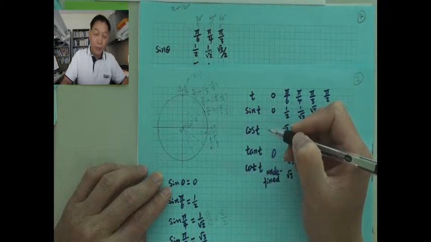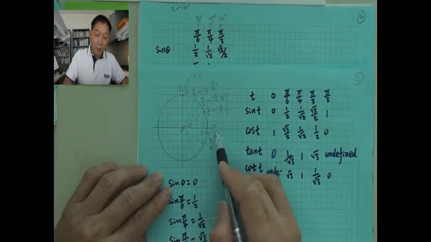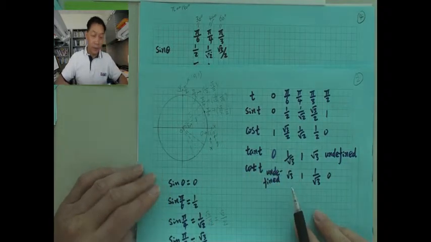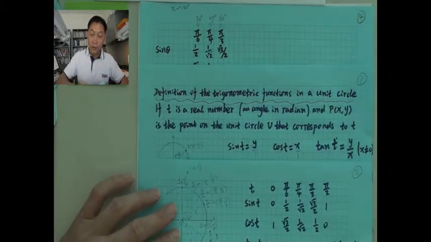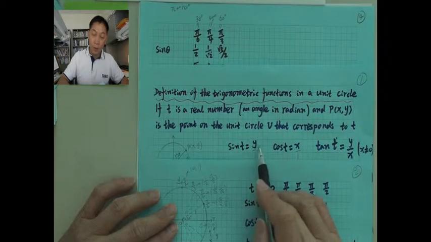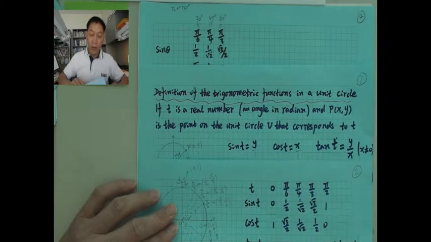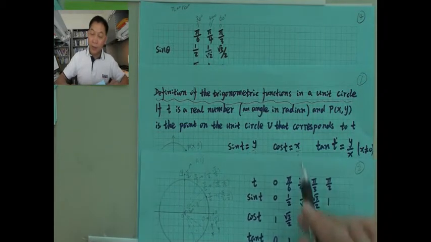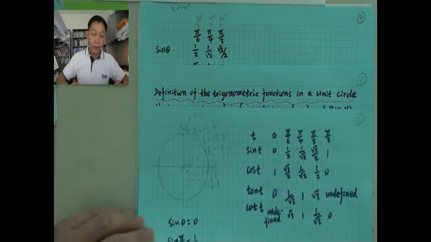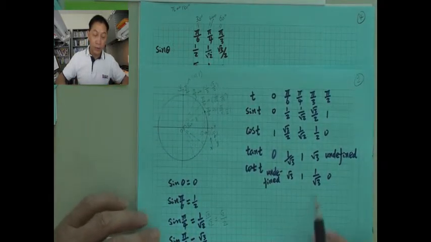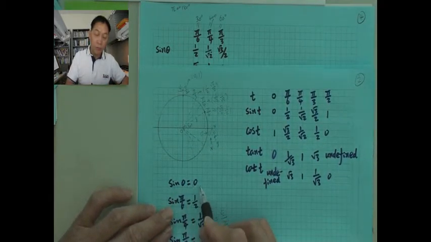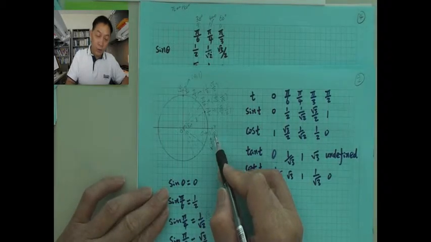So sine 0 is y, as in the definition. Sine t is y. So y is sine, x is cosine. So sine 0 is 0.